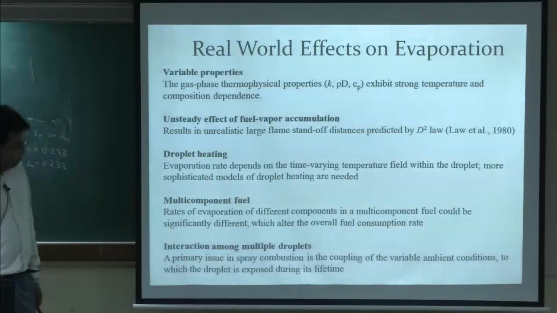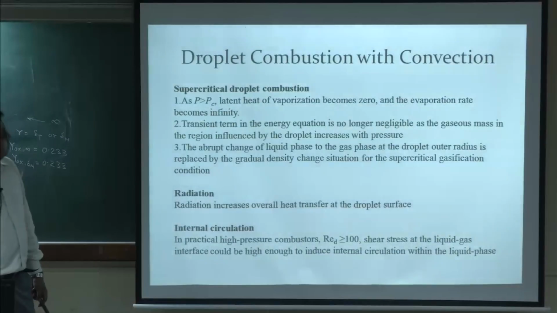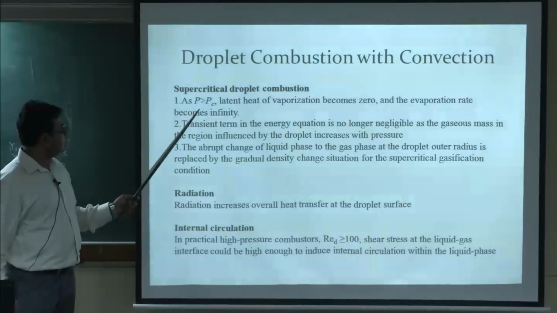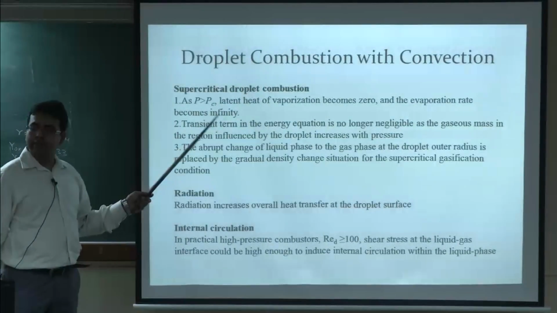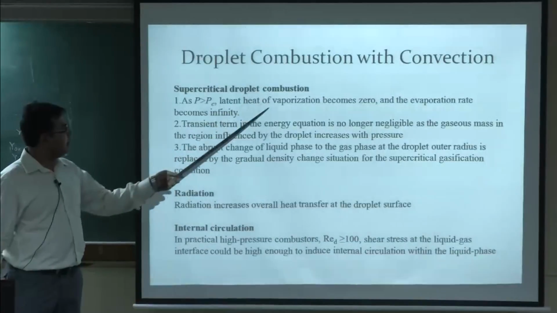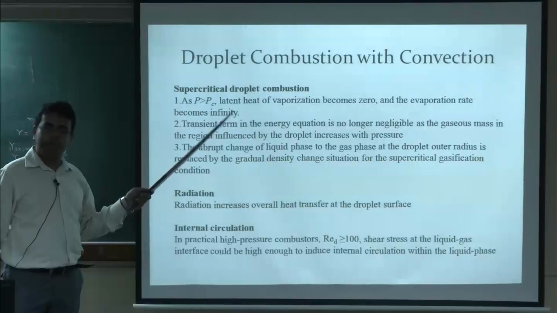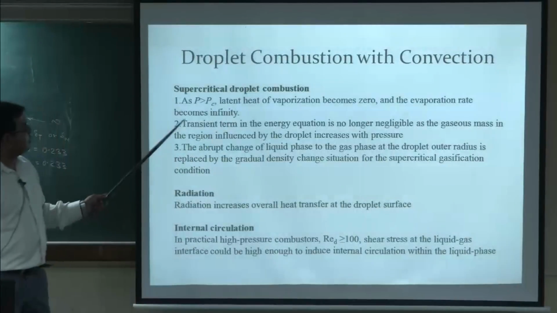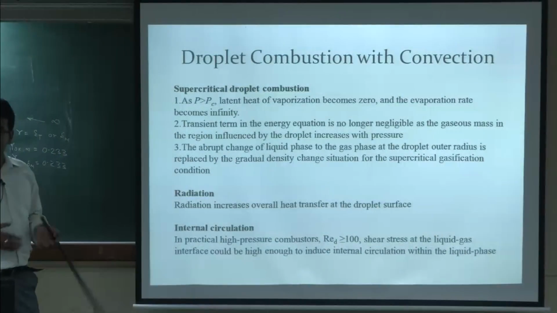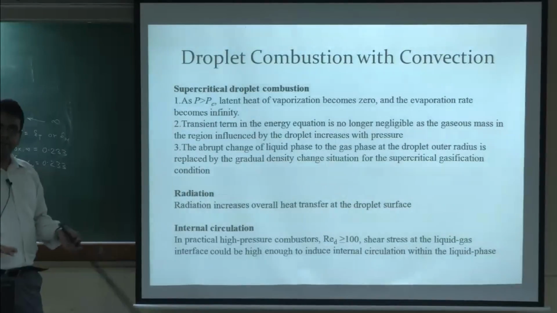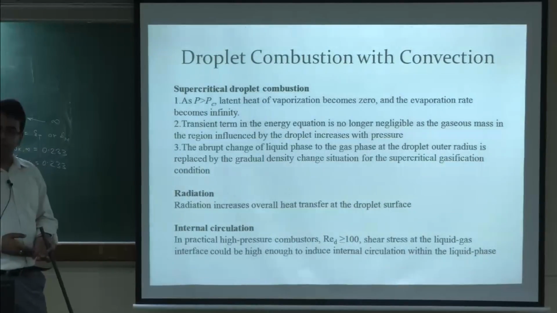Then interactions among multiple droplets. Then supercritical droplet combustion. Suppose your pressure is greater than the critical pressure. Then the latent heat of vaporization becomes 0 when P is greater than P critical, and the evaporation rate becomes infinity, so the droplet will suddenly evaporate.